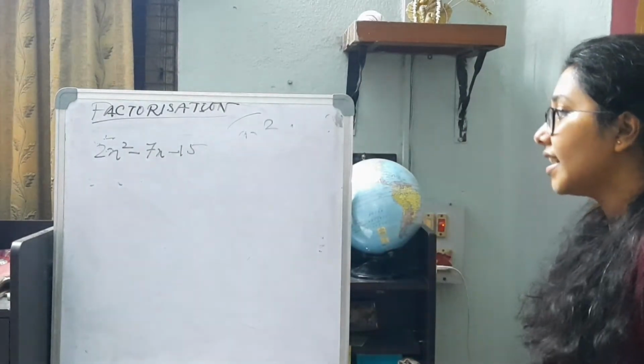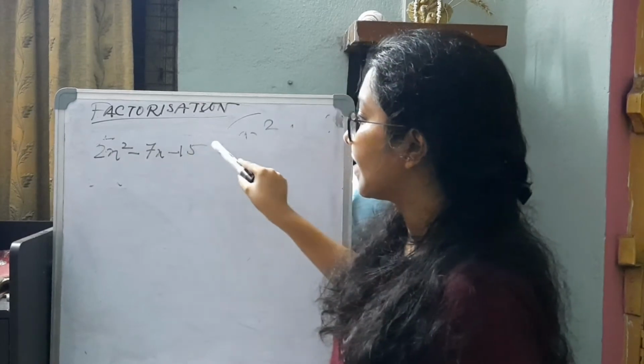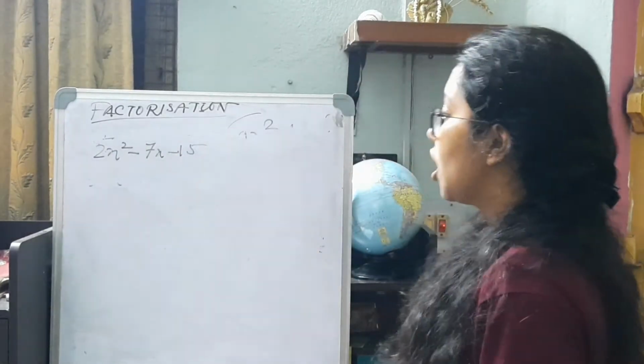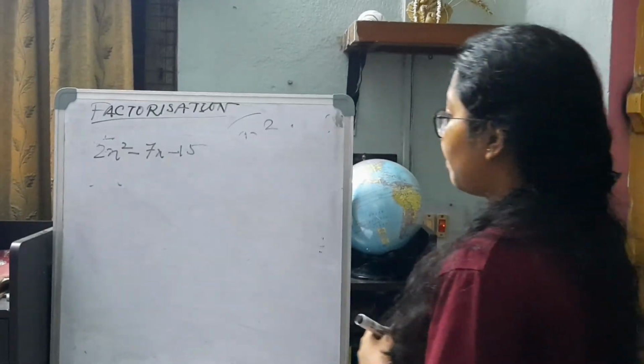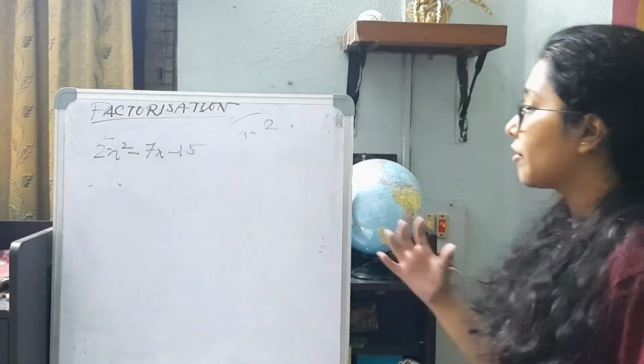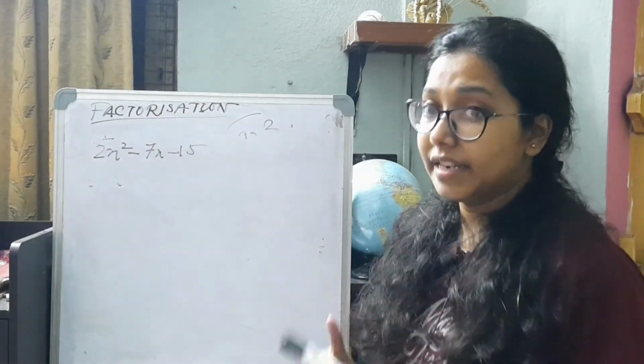So what are the factors of minus 30, always remembering the sign, that can be expressed in the form of minus 7? Either we can go for 6 and 5, okay, 3 and 10, and we find that yes, 3 and 10 can be done.